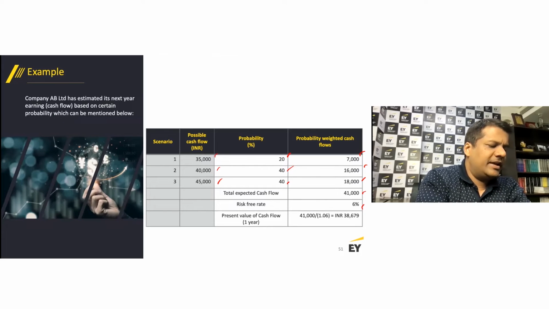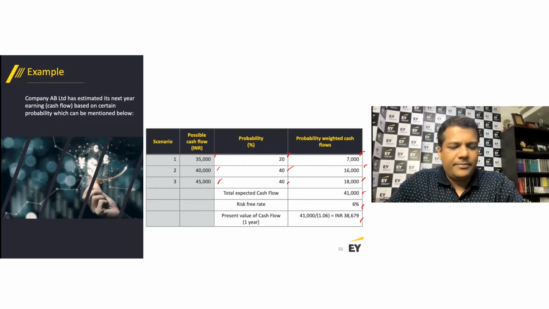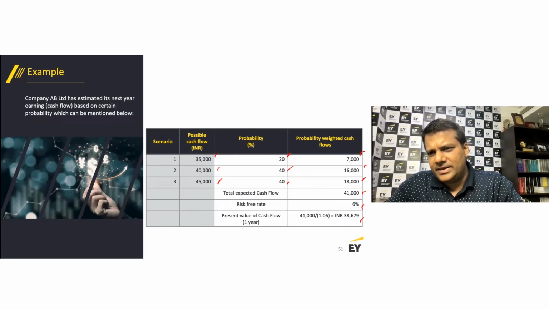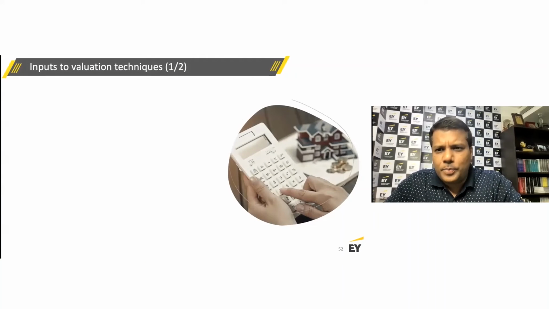I'm going to discount them for 1 year. That gives me my discounted cash flow of 38,679 for 1 year. That's just one kind of example. There could be multiple inputs to the valuation technique.